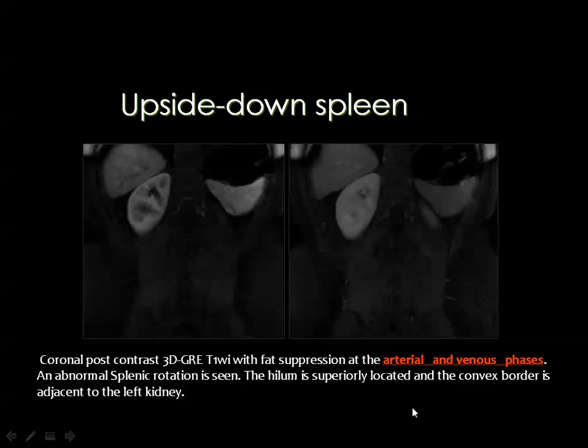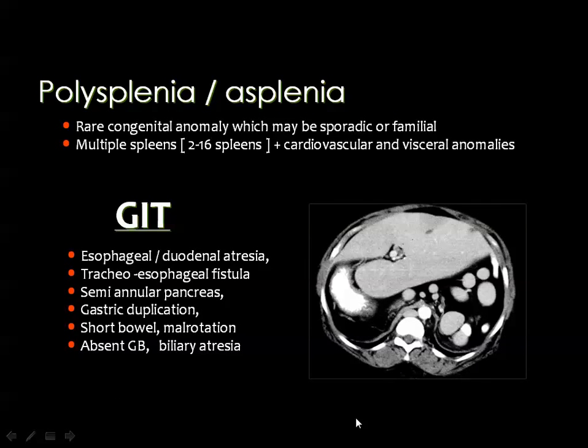You know that the normal splenic position is in the left hypochondrium with the hilum facing medially, but sometimes you get what is known as upside down spleen, where the splenic hilum may face upward, as in this case. One of the congenital lesions of the spleen is the polysplenia and asplenia syndromes.